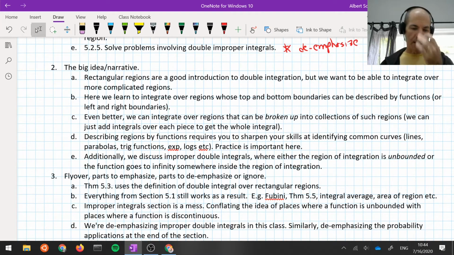And then lastly, as I mentioned, though we'll de-emphasize it, we're going to talk about improper double integrals. This is a situation where either the region of integration is unbounded or the function itself becomes unbounded on the region of integration, or both.